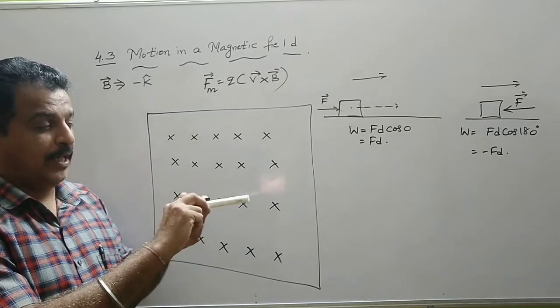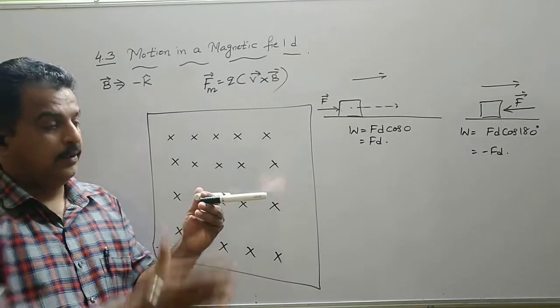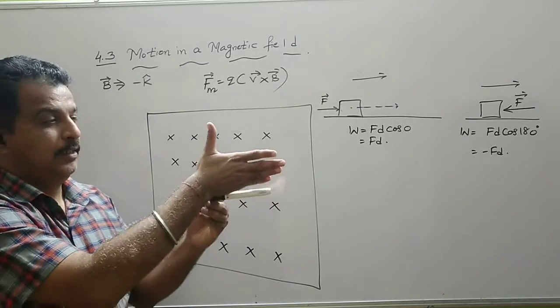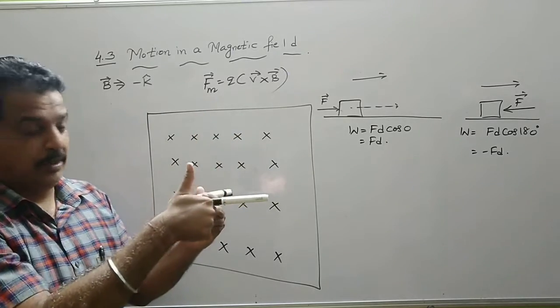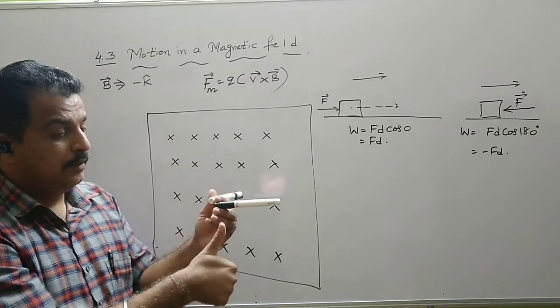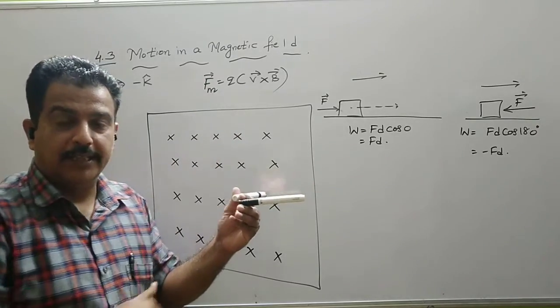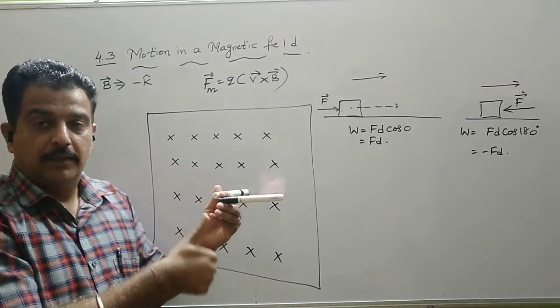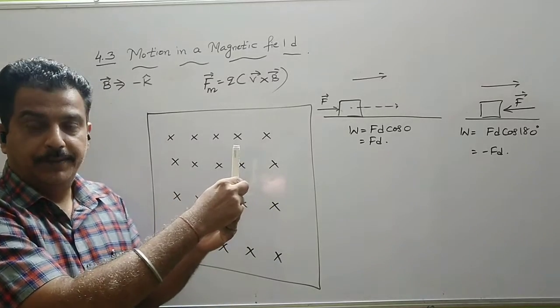So I have to apply V cross B. If this is the situation, this is my V, thumb is upward. So the force acting on the particle is in the upward direction. So instead of moving in a straight line, the particle at that instant will move upward.